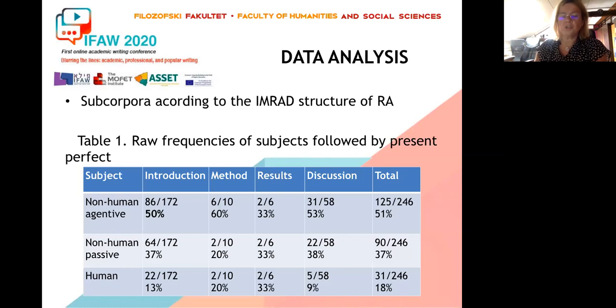Non-human passive structures also turned out to be quite frequent, and human subjects as well, where we may compare the first and the third group, so non-human agentive and human agentive subjects. These raw frequencies are distributed according to the IMRAD structure, and you can see clearly that we have obvious clustering of non-human agentive subjects in the introduction and discussion sections, which indicates a tendency towards their hedging rhetorical function.